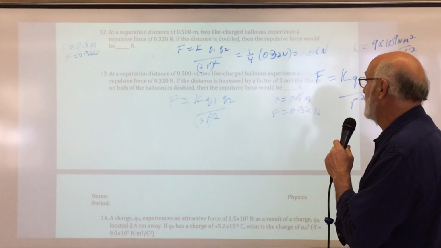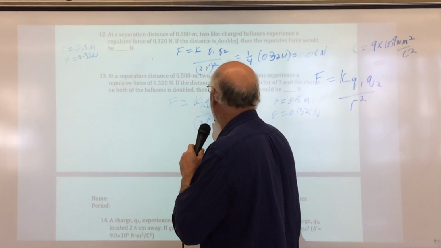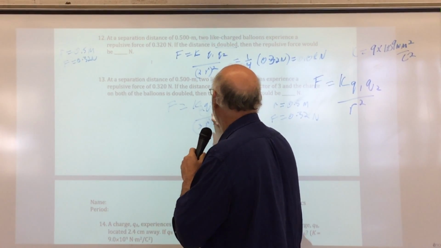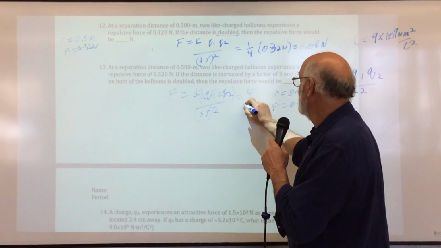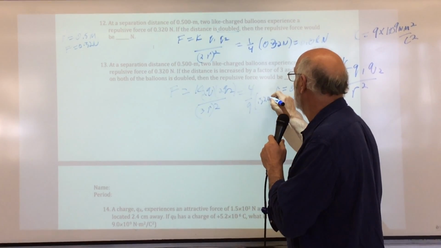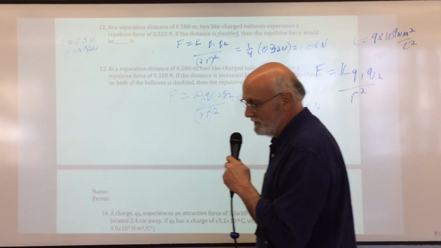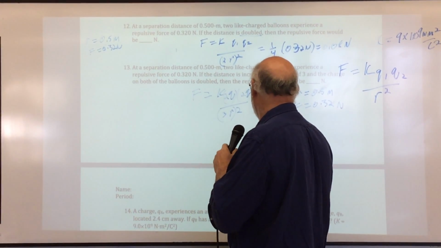And the charge on both is doubled, so that's going to be 2 and 2. 2 times 2 is 4. 4 over 3 squared, that's going to be 9. Multiply that by the 0.32 newtons, you get your answer. And on that particular one, it's 0.142 newtons.